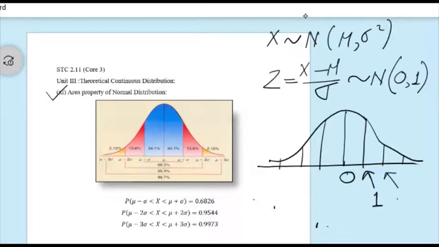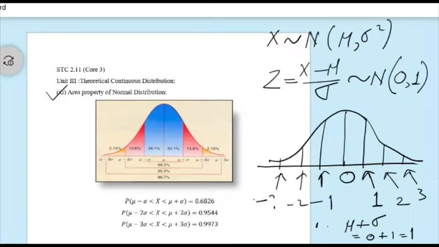This is 2 and this point is 3, because originally it was mu plus sigma, now mu is 0 plus sigma is 1, so it will be equal to 1. Likewise on the left hand side this point is minus 1, this point is minus 2, and this point will be minus 3. Originally it was mu minus sigma, so mu is 0, sigma is 1, it will be equal to minus 1.